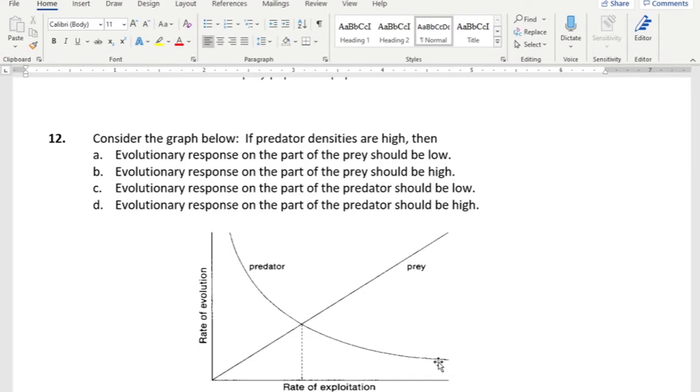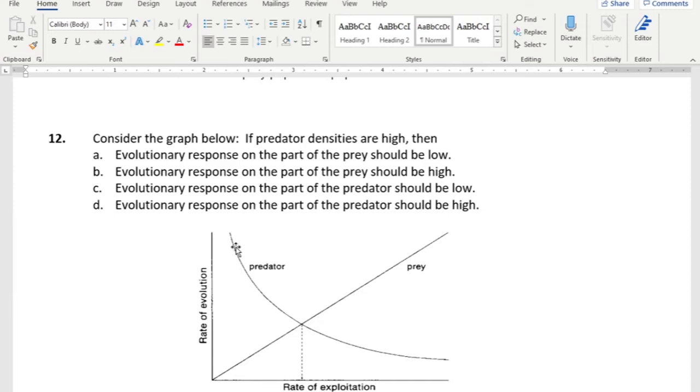They're having good success, there's no reason to change anything, their rate of evolution is going to be low. When the rate of exploitation is low, in other words, the predators aren't very good at getting the prey, the prey are essentially being left alone. There is no real strong selection pressure on them, so their rate of evolution will be slow. For the predator, their ability to exploit the prey is low, so selection pressure on them is going to be high.